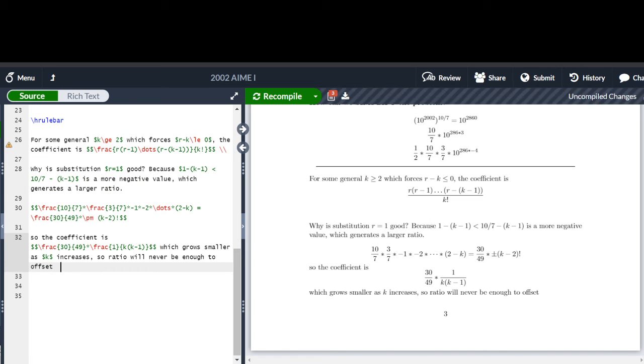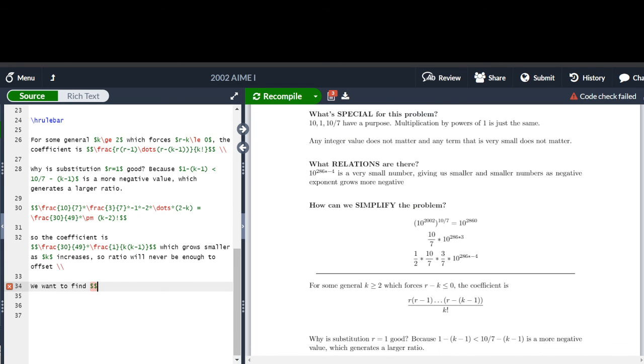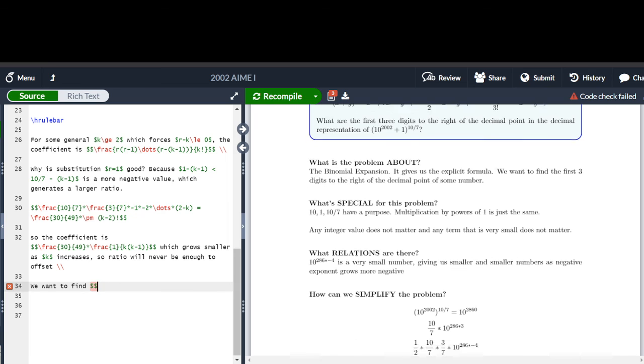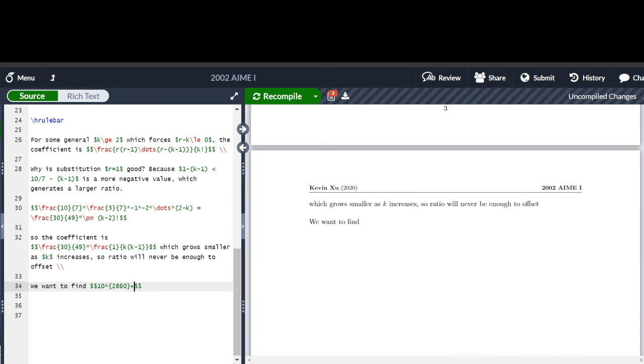So now we want to find the first 3 digits after the decimal point in our previous value, which is 10 to the power of 2860 plus 10 over 7 times 10 to the power of 286 times 3, which is 858.